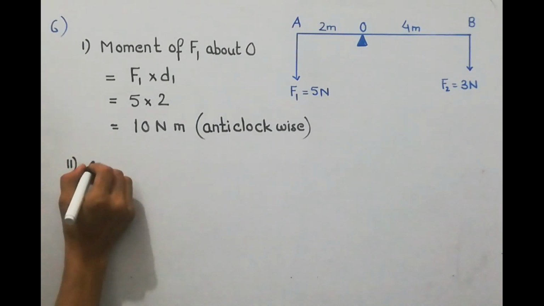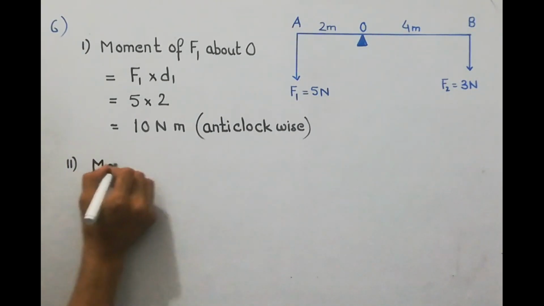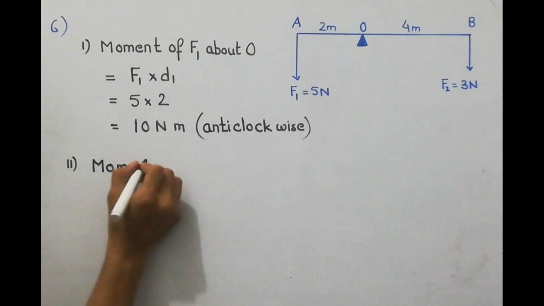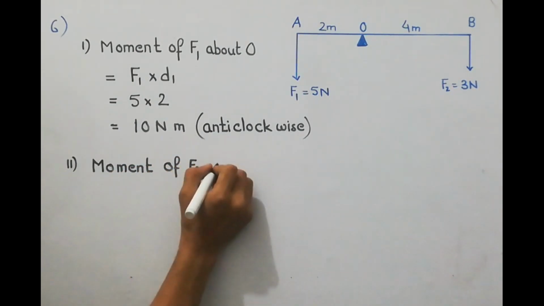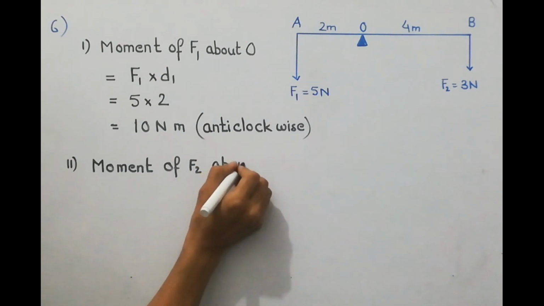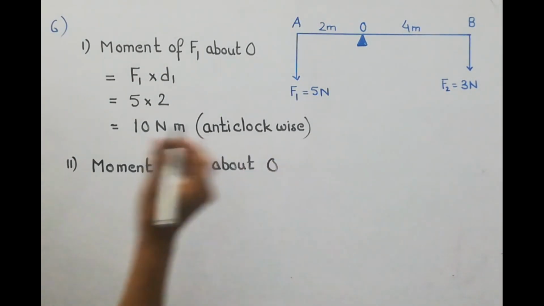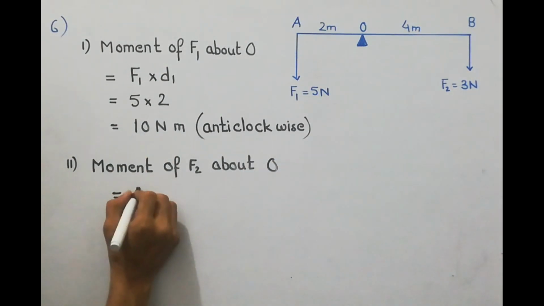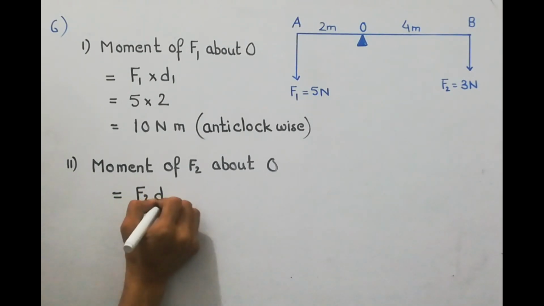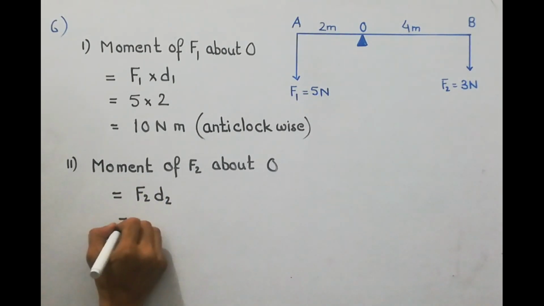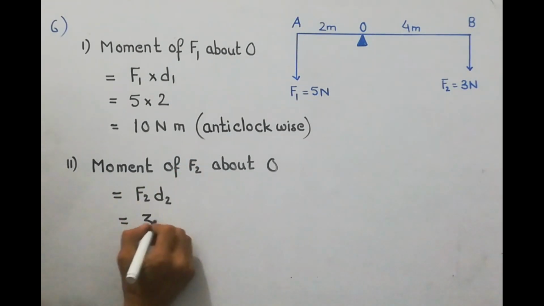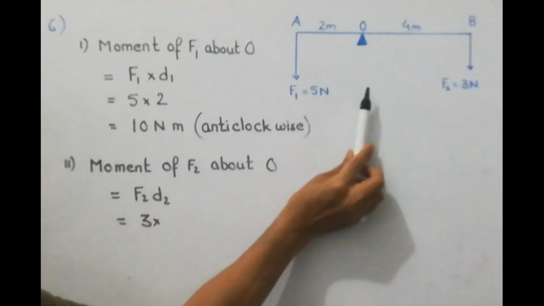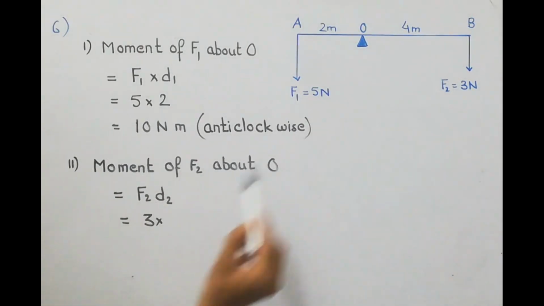In the second part, they have asked you to calculate moment of F2 about O. F2 into D2. So how much is F2 over here? 3. And distance of F2 as you can see over here, this is 4.